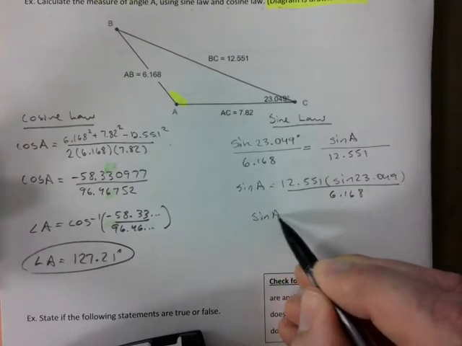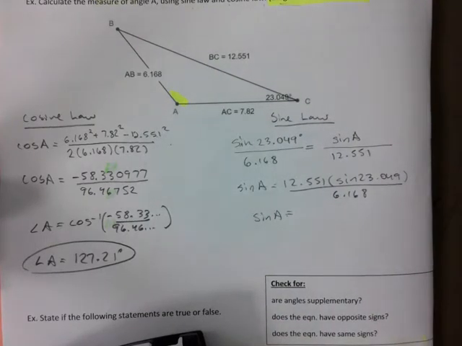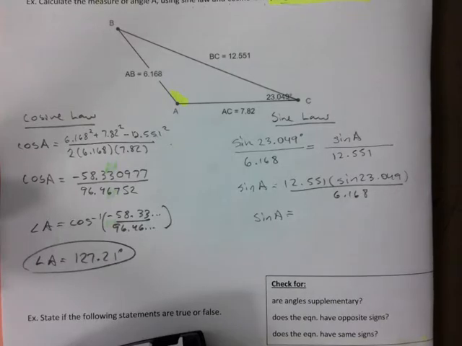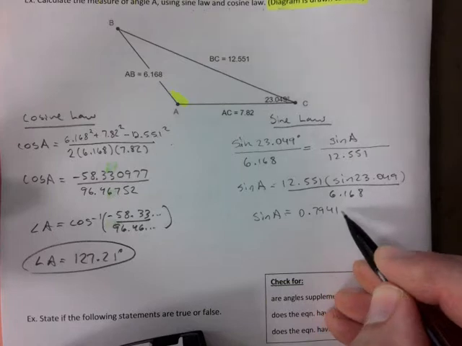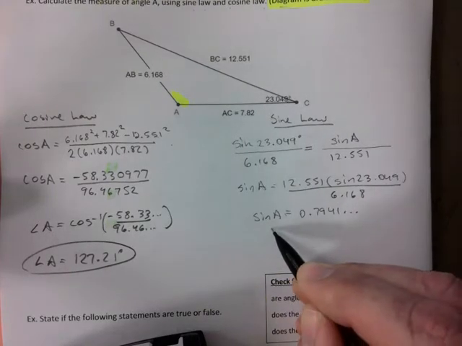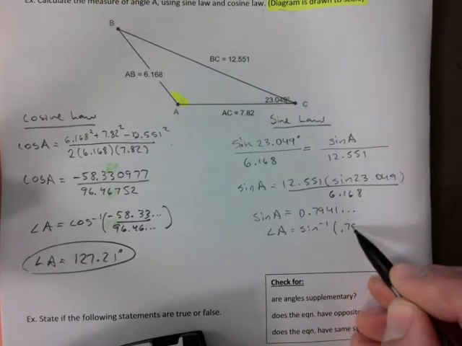Sine of A. This one I will figure out the decimal for just because. That is 0.7941, and that keeps going.